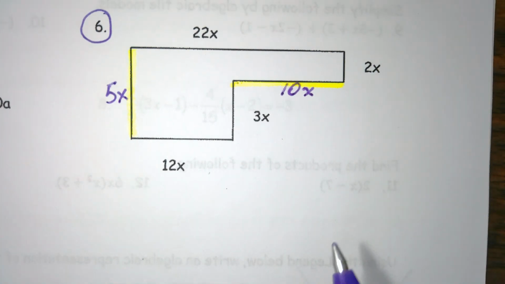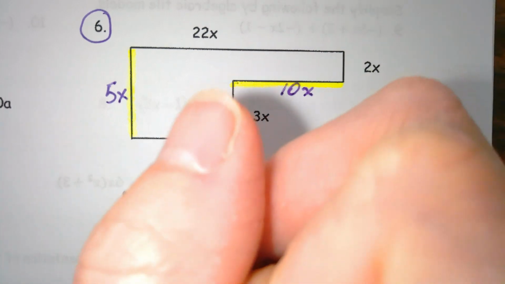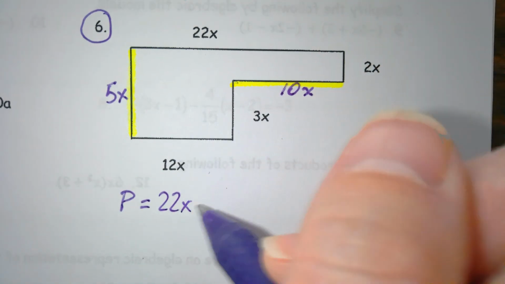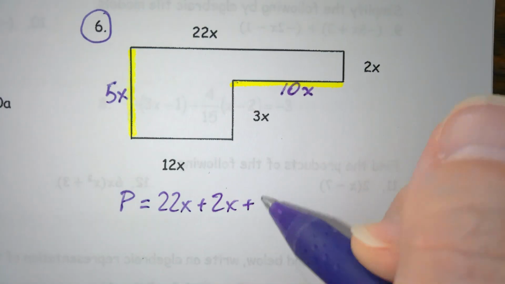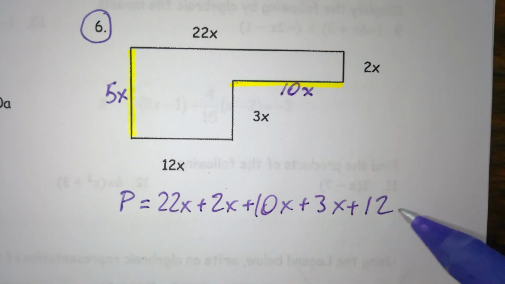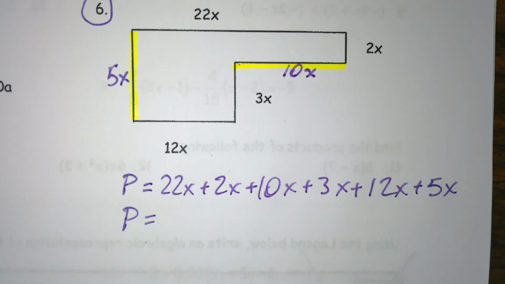So now that I have all the sides, perimeter, as we said, is just adding up everything. So 22x plus 2x plus 10x plus 3x plus 12x plus 5x. And so perimeter is, okay, somebody do the math for me. Add it up. 54x. Do we trust Sydney?